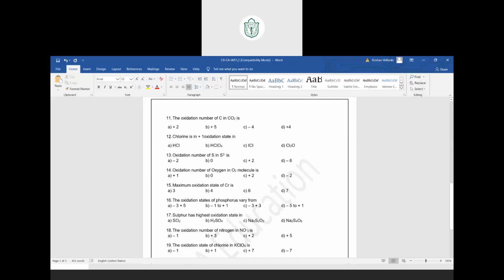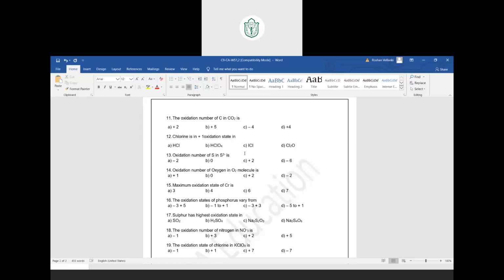Next, 12th one. Chlorine is in +1 oxidation state in which of the following compounds? HCl, HClO4, ICl, or Cl2O. I told you don't guess the answer directly.